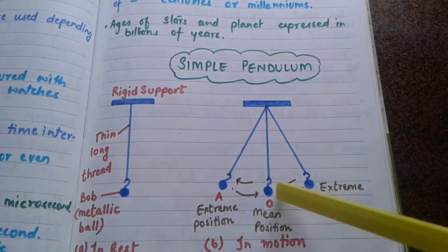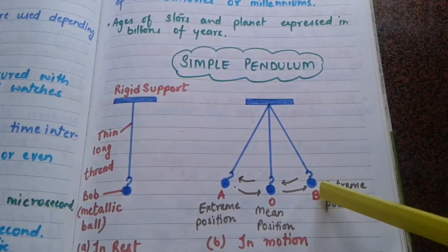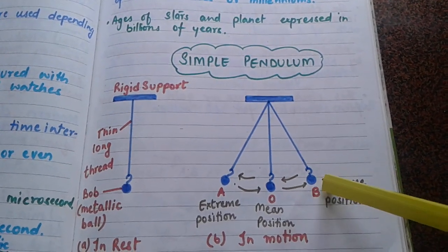The time it takes during this one oscillation is known as the time period, denoted by capital T.